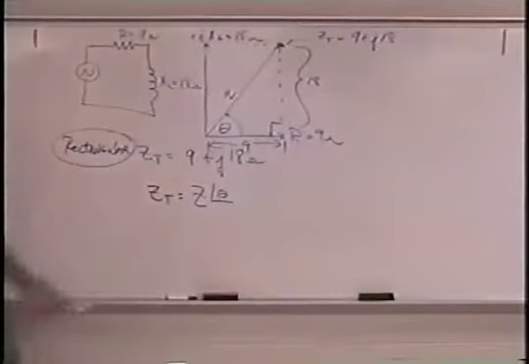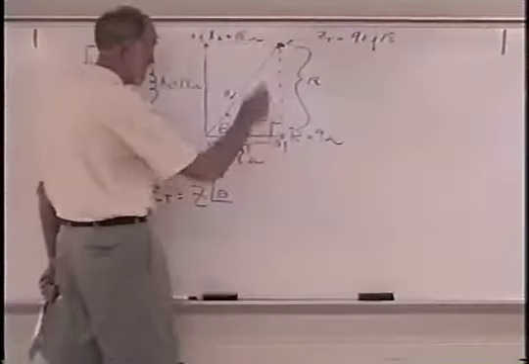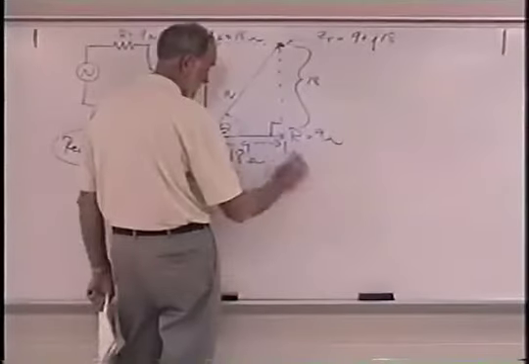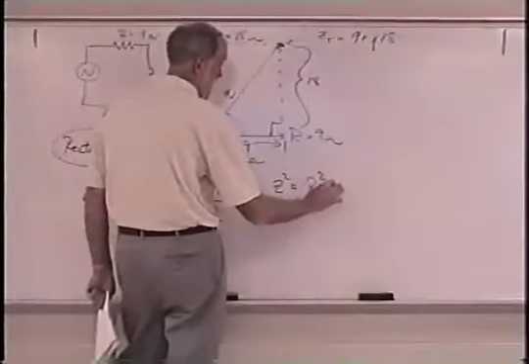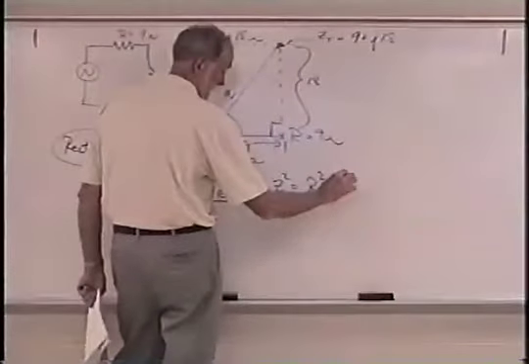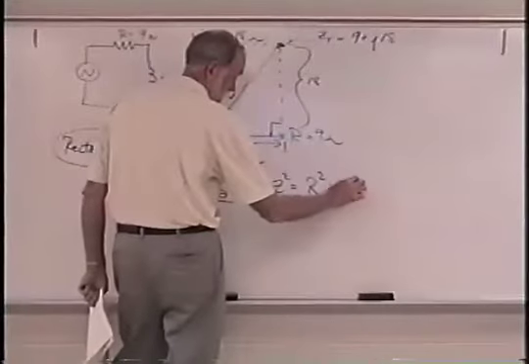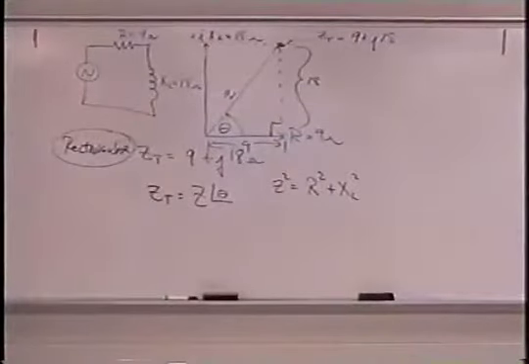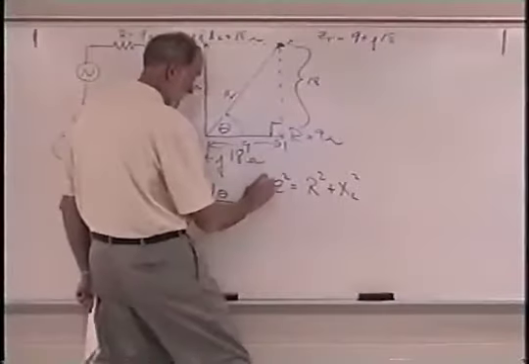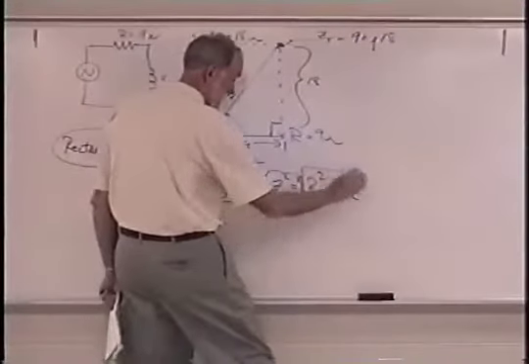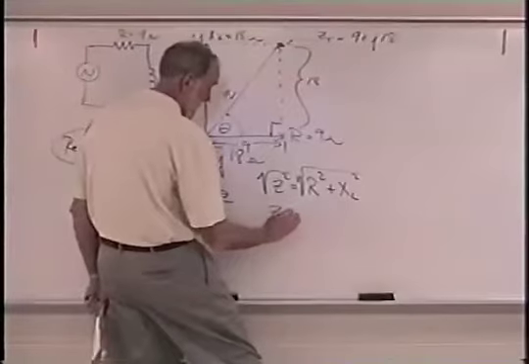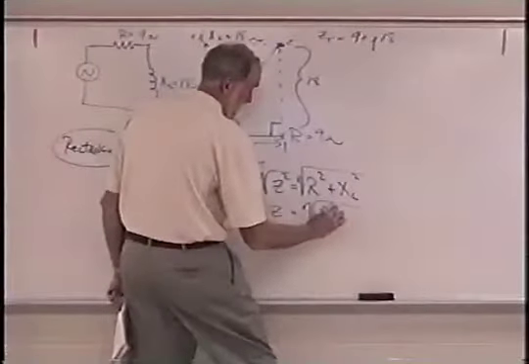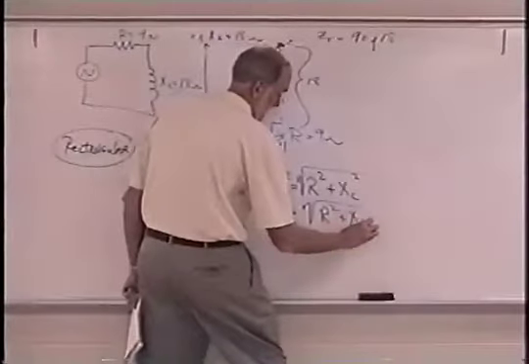So all I've got to do is use old Pythagoras. Pythagoras would say that Z squared is equal to R squared plus X sub L squared, wouldn't it? So what do I need to do? I need to take the square root of both sides, and so I get Z is equal to the square root of R squared plus X sub L squared.